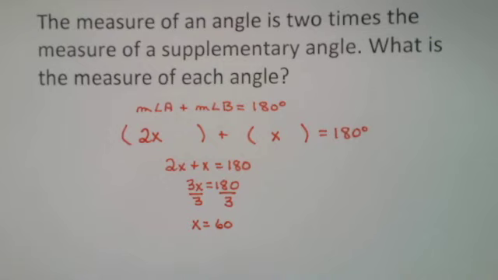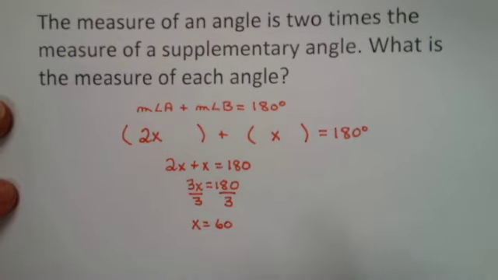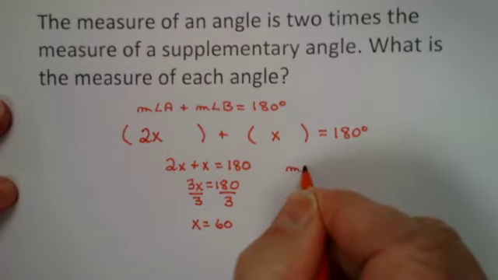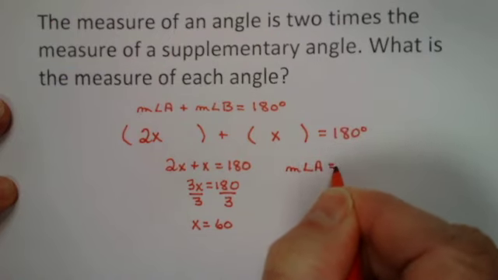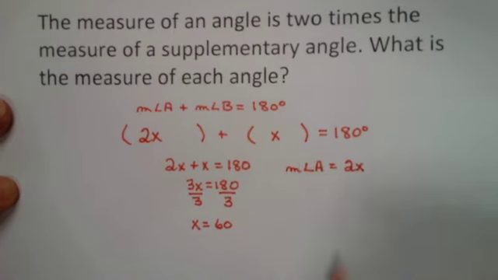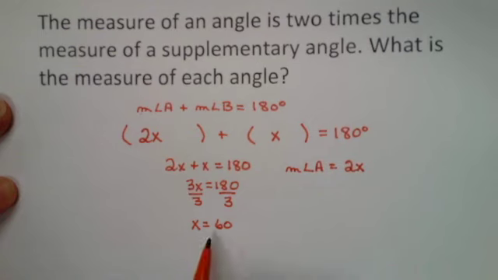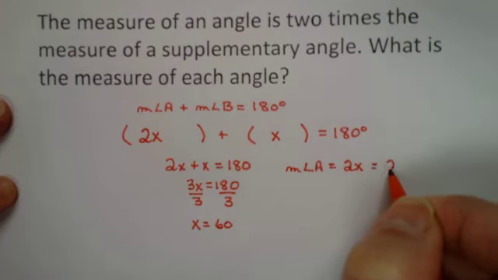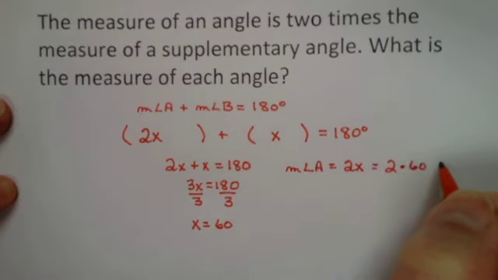Now again, I need to find the measure of each one of these angles. I need to find the measure of angle A and the measure of angle B. So let's look back up here. The measure of angle A is 2x. So the measure of angle A is equal to 2 times x. Well, what is x? It's 60. That's 2 times 60.